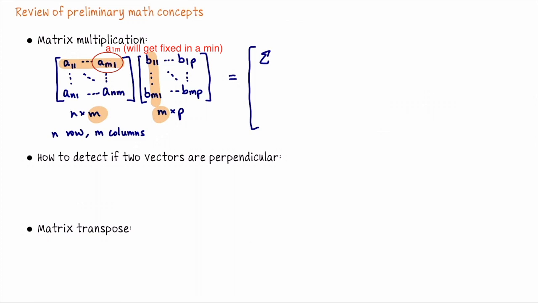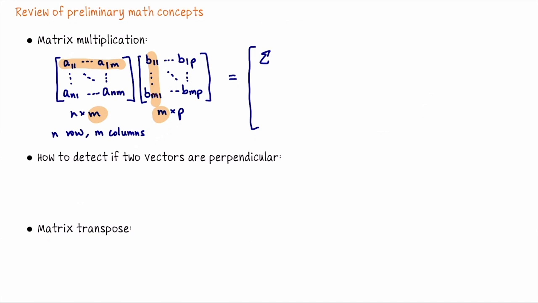It looks like I've got my indices switched there. Let me fix that. This always happens to me when I have too many indices. This should have been 1m. Okay, there we go. So we'll keep doing these pairwise products until we get to this entry meeting that entry, and we add all those pairwise products together.